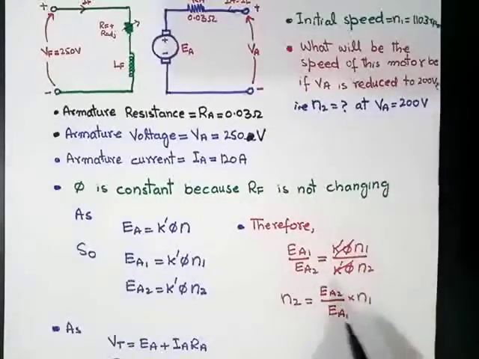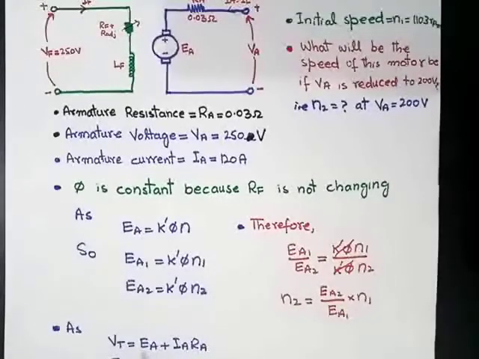First of all, we will find the values of EA1 and EA2, then put the values of EA1, EA2 and N1 in this equation to calculate the value of N2. So first we will calculate EA1 and EA2.